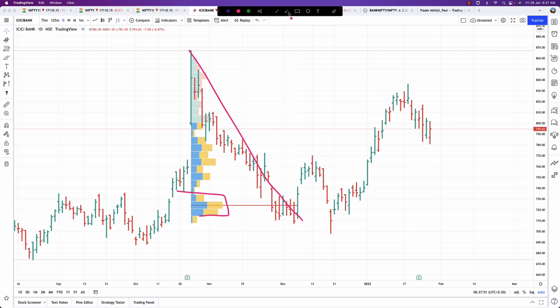The point of control is this particular bar, which is not too far away from this bar or this bar, but nevertheless, this is where the zone of max volumes had happened.